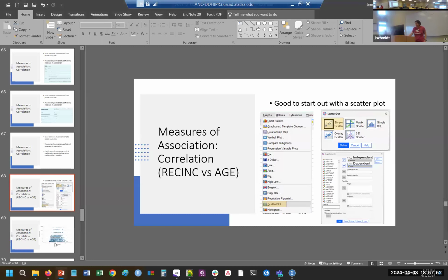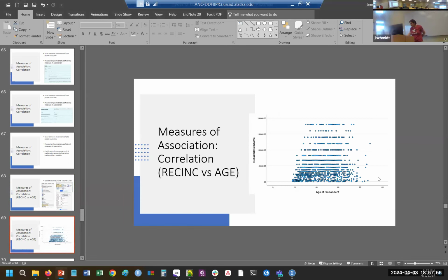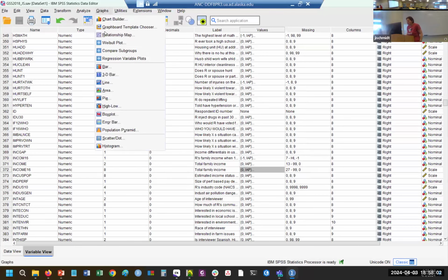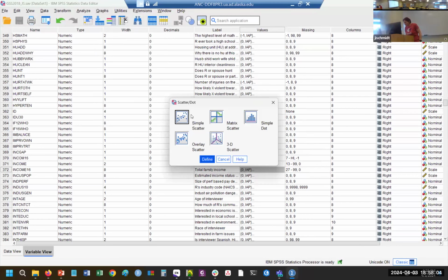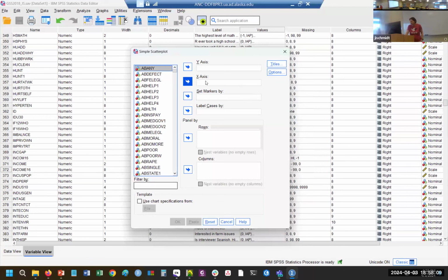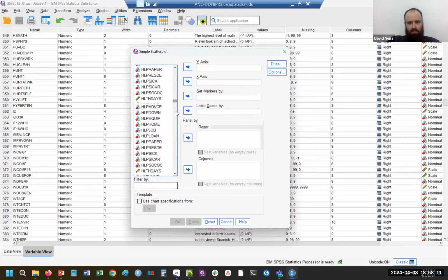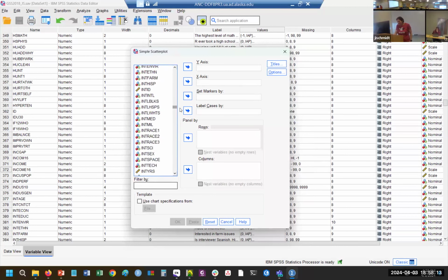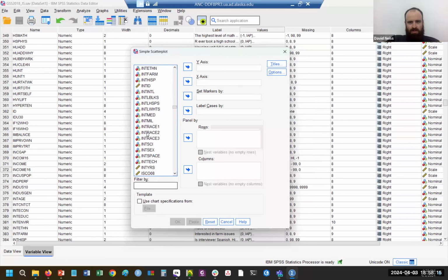Okay, all right. And so you should get a result that looks like this. I'll do it quickly in my SPSS. Graphs, Scatter, Simple, Define, y is income. Yeah, it looks weird to me.